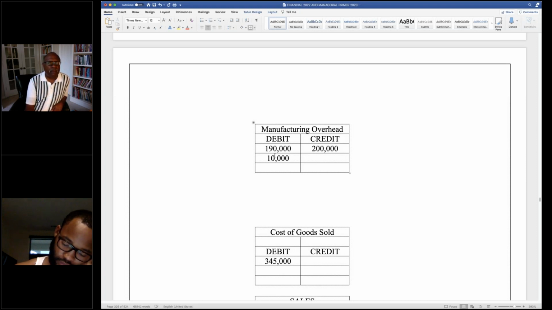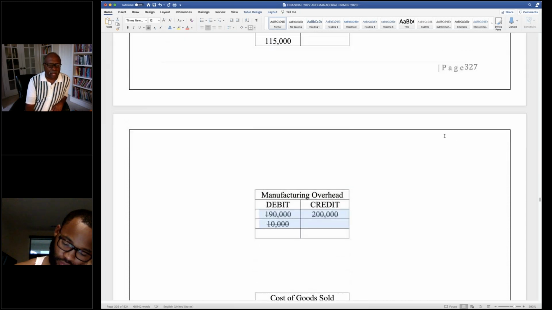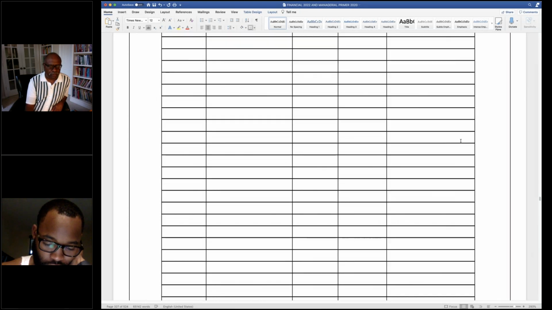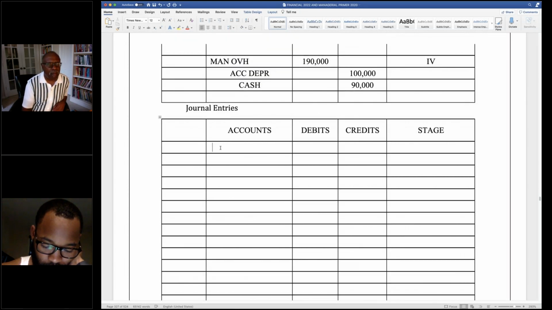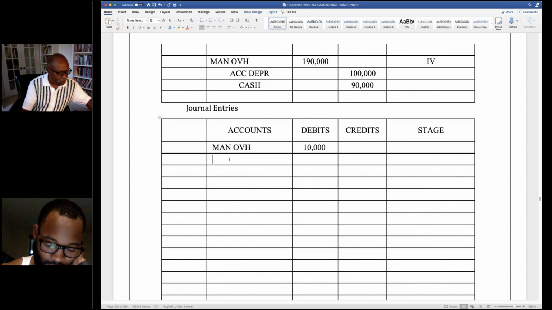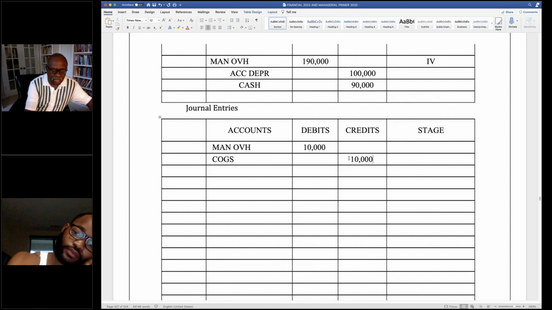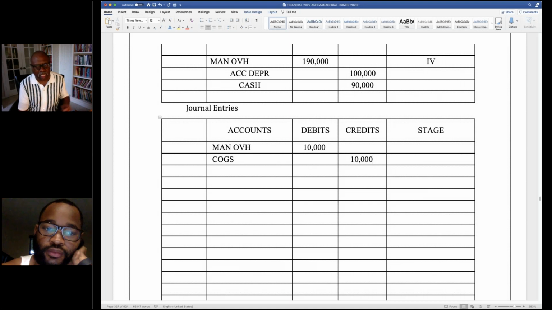And when we do that, that's going to move this account to zero. So we have to wipe that out. That account is now zero. So we debit manufacturing overhead for 10,000, and we credit cost of goods sold for 10,000 because we put too much cost in there. We overestimated the cost.